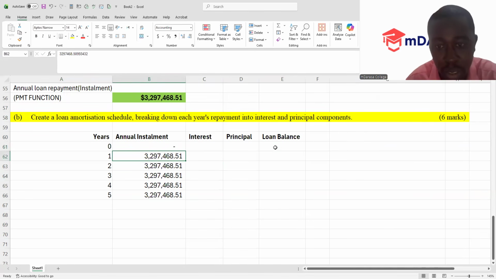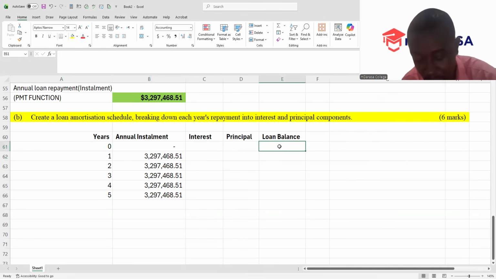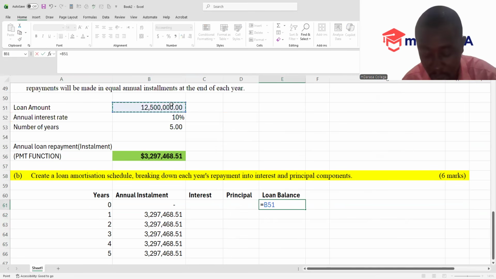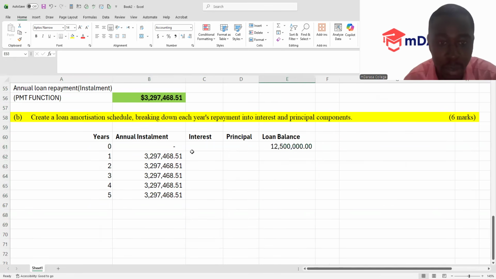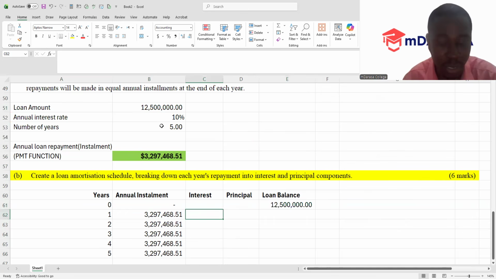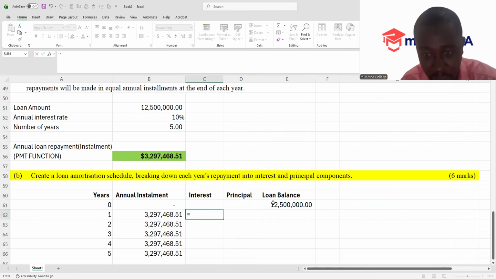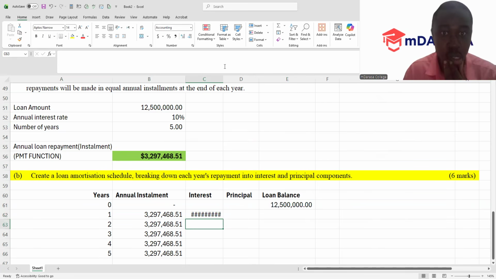The interest component will be based on the loan balance, the loan amount that you're taking, 12.5. Interest, you're given 10%, so interest is 10% of the loan balance you're having at that point.